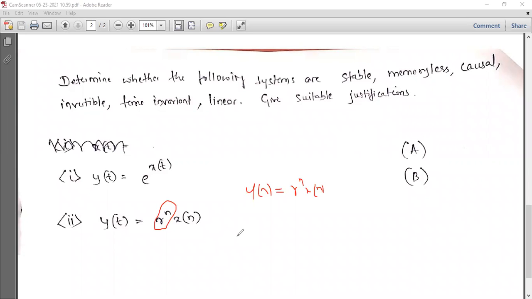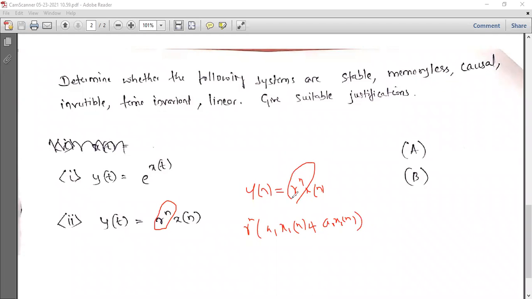You can see a times x of n will give you r to the power n into a1 x1 of n plus a2 x2 of n. This is the first case. Whereas in the second case, in the individual output, what does the system do?